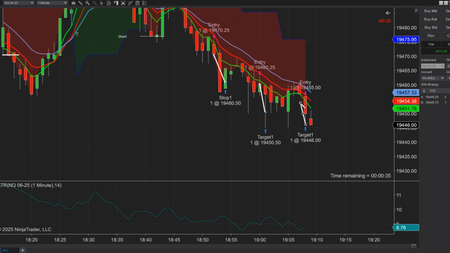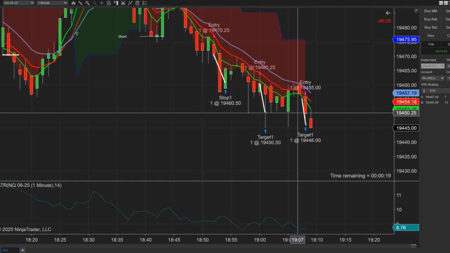This was about 45. I'm not sure where the entry was. Right about there, 55, I think. Let me get my crosshairs on. Yeah, somewhere right around there.